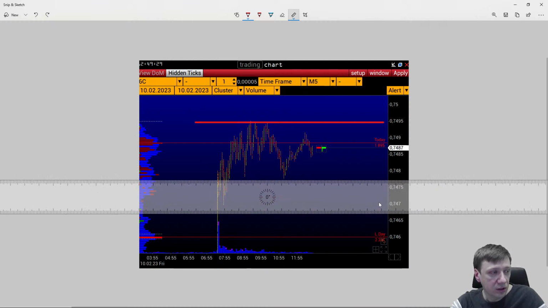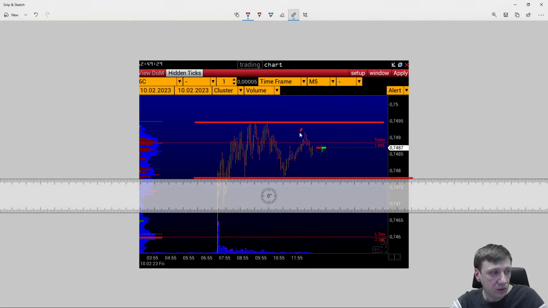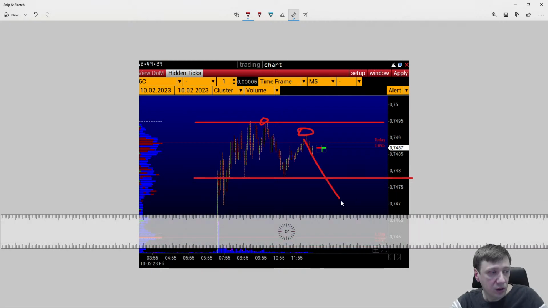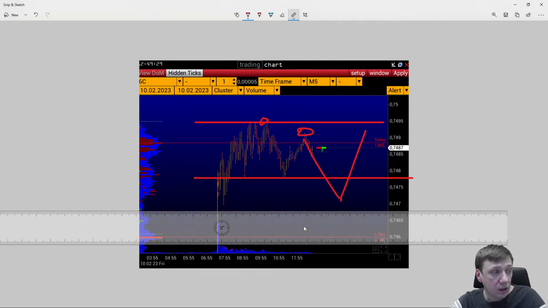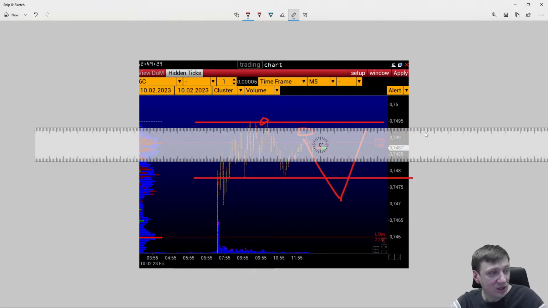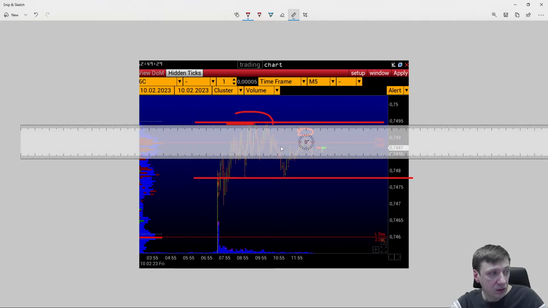The best solution here, because we have these lower highs, is to expect a false breakout and to open a trade after a false breakout. And actually, it's all about false breakouts here, because the reaction on the level is not good.